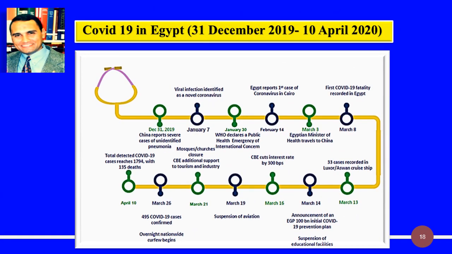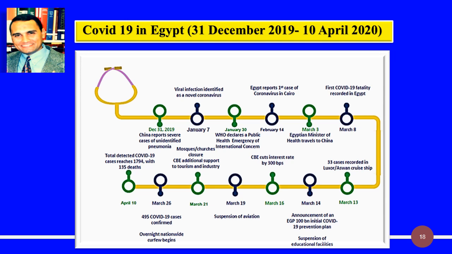Descriptive epidemiology of COVID-19 in Egypt from the 31st of December 2019 up to the 10th of April. On December 31, 2019, the Republic of China reported severe cases of unidentified pneumonia.